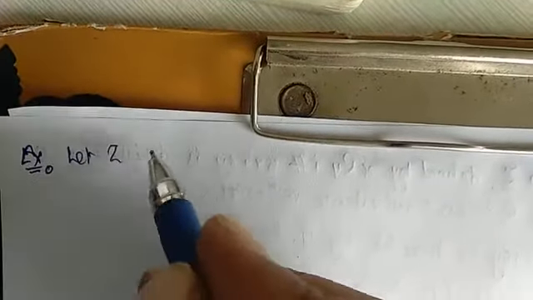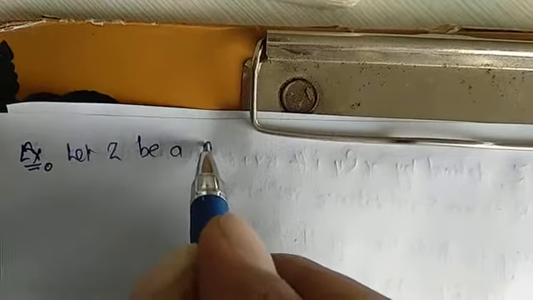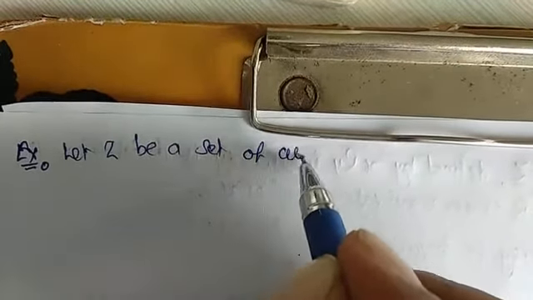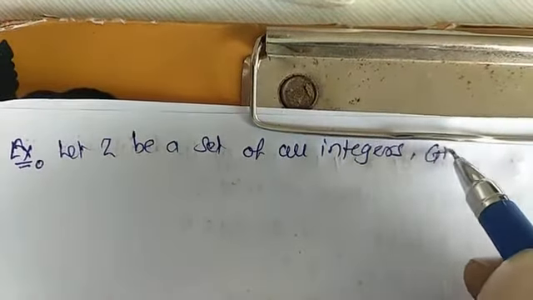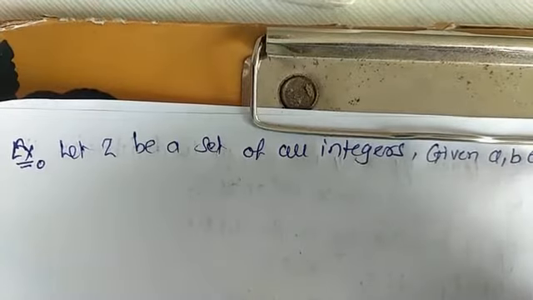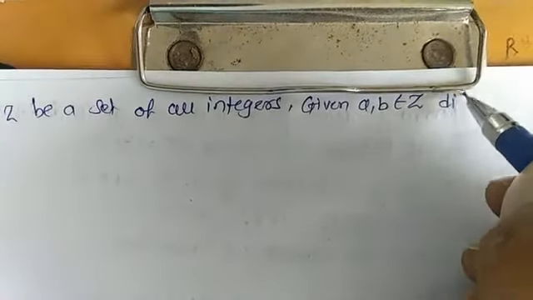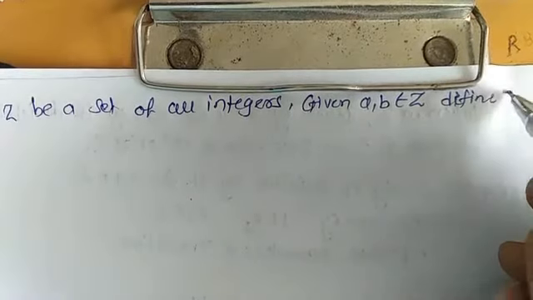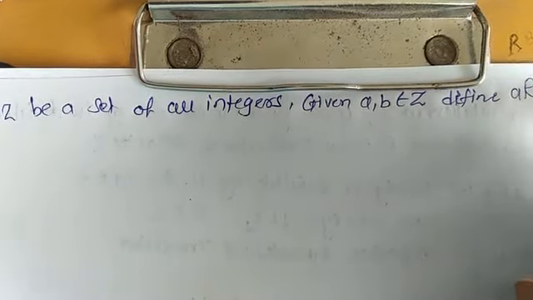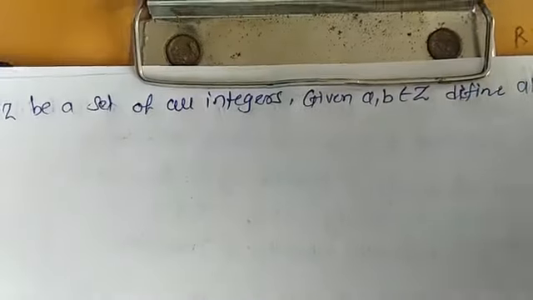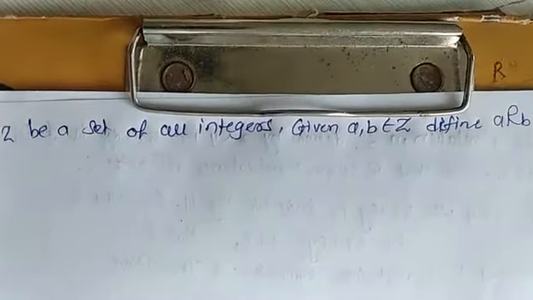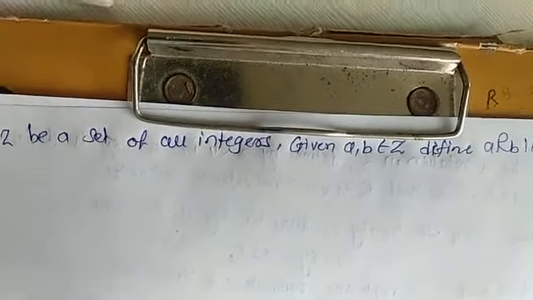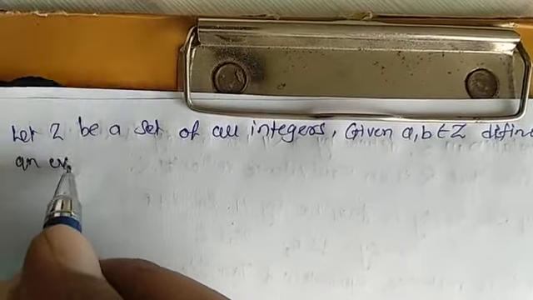Next example: let Z be the set of all integers. Given a, b belong to Z, define a is related to b if and only if a minus b is an even number.